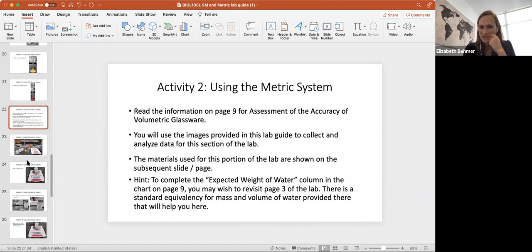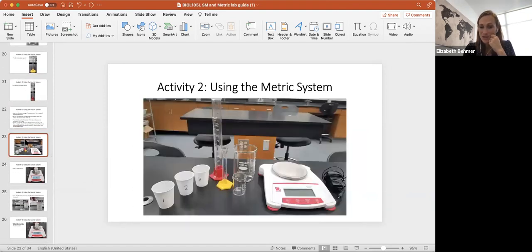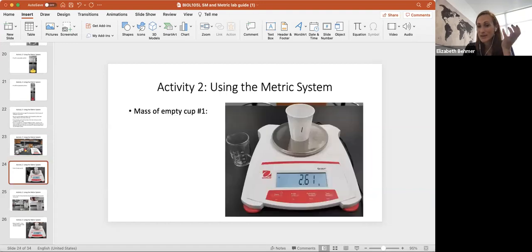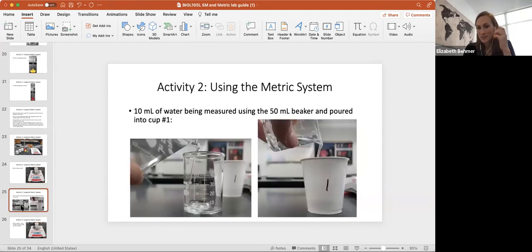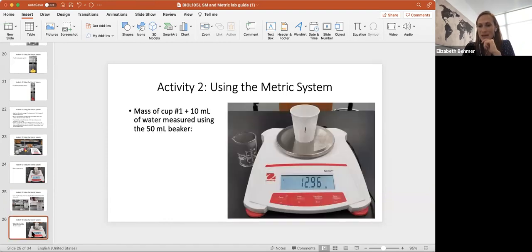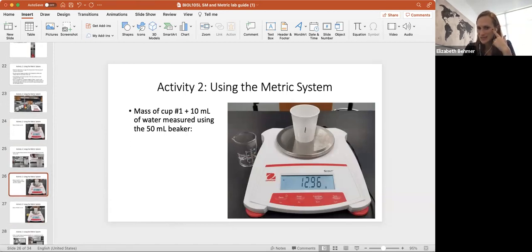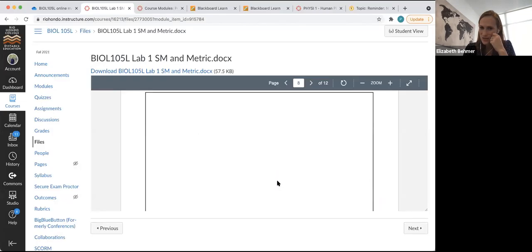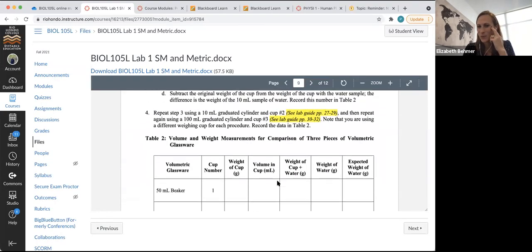Then we'll use the metric system to measure different weights of water. Similarly, you'll measure the mass of an empty cup. You'll have to record that. This person will pour 10 milliliters of water into the cup and then measure the weight of the cup plus the 10 milliliters of water. And you guessed it, you'll probably have to subtract the two to find the weight of the water itself.